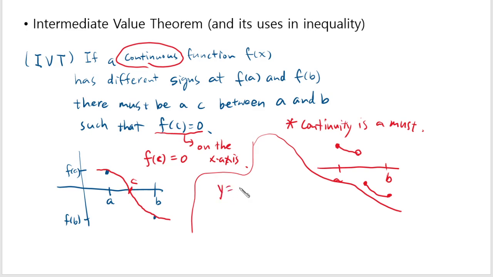You're given something like x squared minus 5x minus 7, and you can't find the zero of it. So you punch this into your calculator, and when you have a graph, you say, oh, at this point it's positive, at the other point it's negative. If you give the calculator the left bound and the right bound, it checks whether the signs are different. Once the signs are different, it figures out where this point is by doing something called the bisection method.